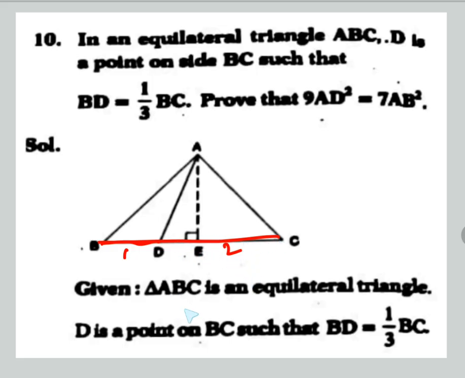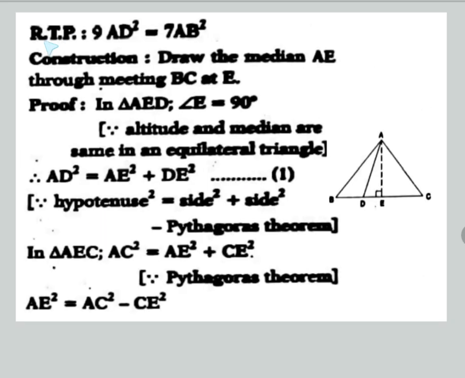Now given triangle ABC is an equilateral triangle. Equilateral triangle means all sides are the same. And the point D is a point on BC such that BD is equal to 1 by 3rd BC is given. Required to prove that 9 AD square is equal to 7 AB square.